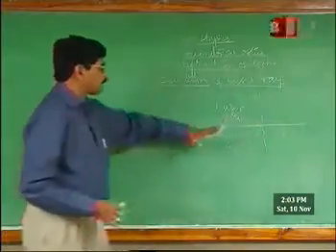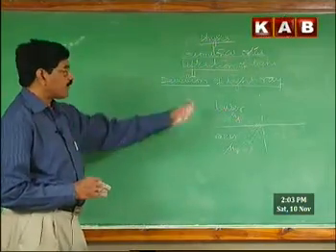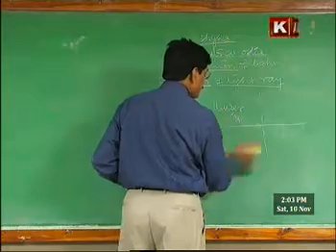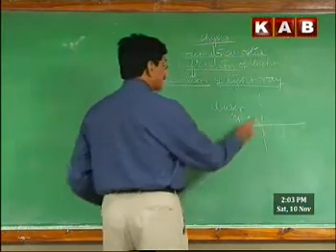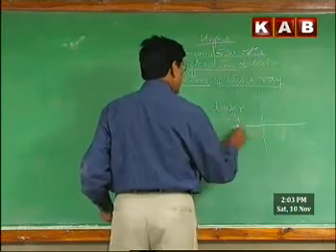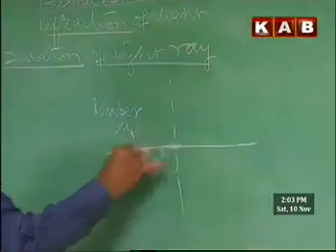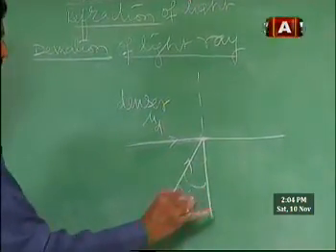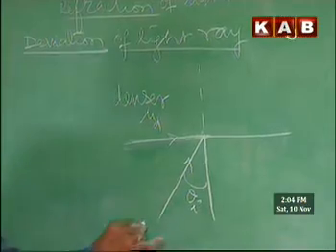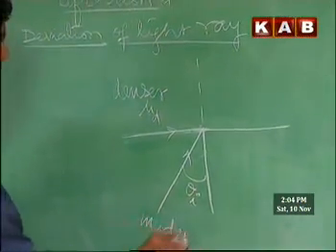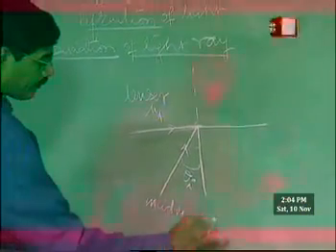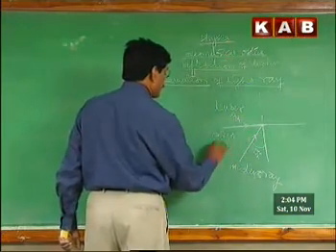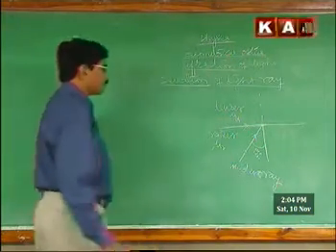Now as the angle of incidence is increased, what happens to the angle of refraction? Now we will see how the deviation varies with the angle of incidence. So let us consider a ray incident at an angle theta I. This is the incident ray in the rarer medium, where the refractive index is mu r.